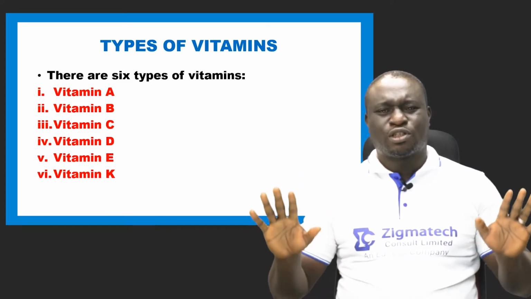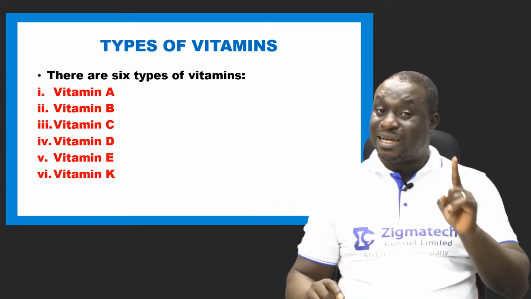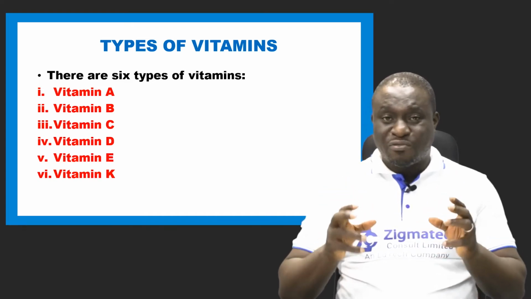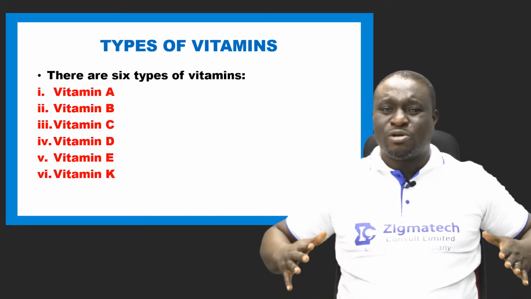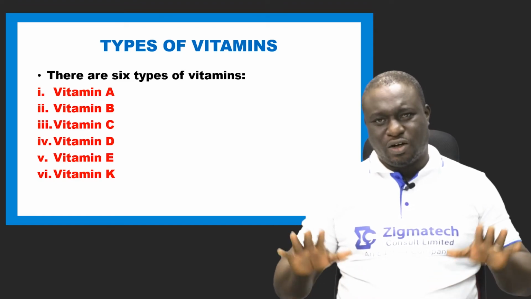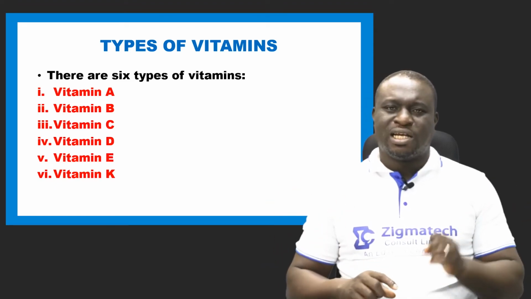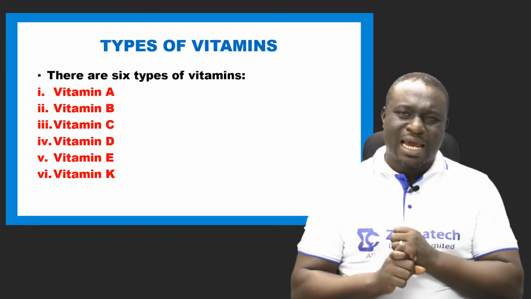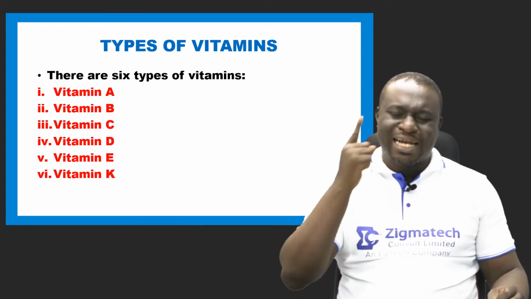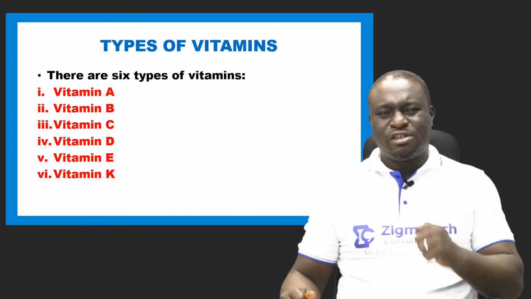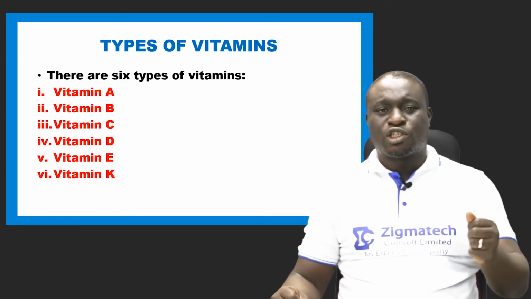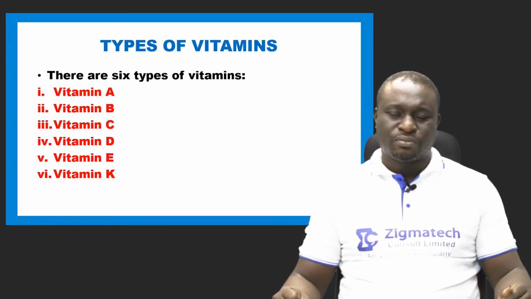Six types of vitamins. Now, deficiency in most of these vitamins has a very great repercussion in our health. For instance, deficiency of vitamin A causes what we call night blindness. Deficiency of vitamin B causes beriberi.